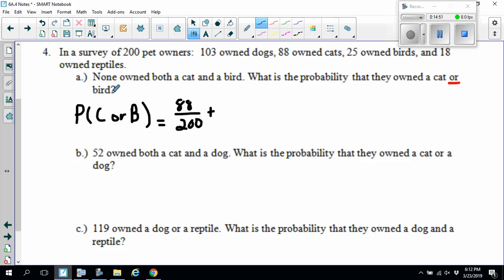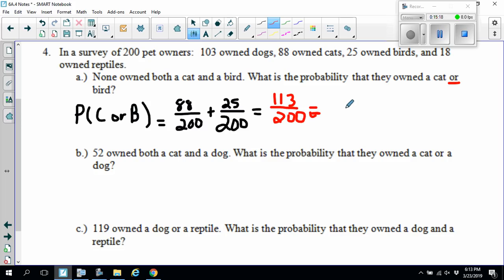Then we want to think about birds. So they said that for birds, 25 own them. And remember, they surveyed 200 people, so that's our total amount. So now we just basically add up. It should give us 113, I believe, out of 200. Or you can also write this as a decimal. Oops, that's an equal sign.